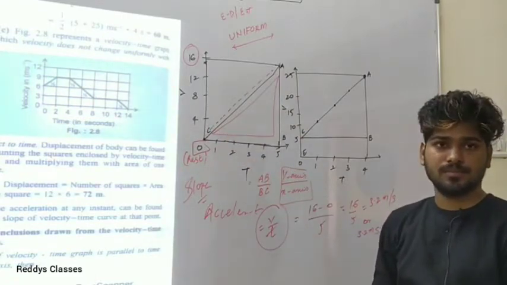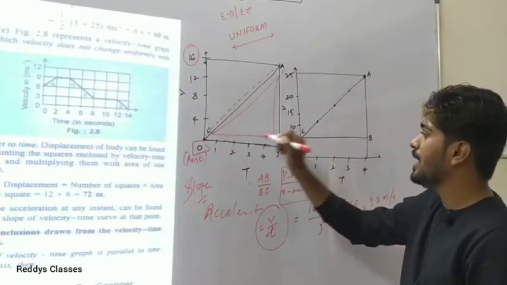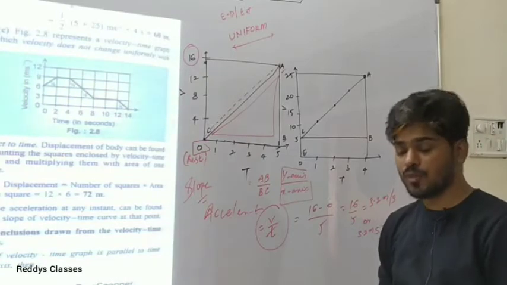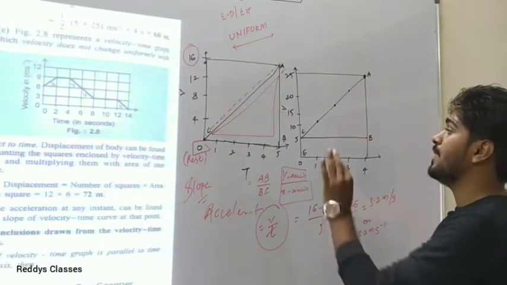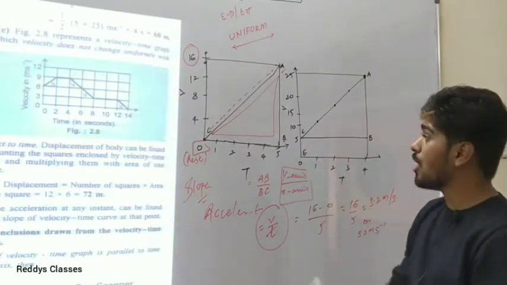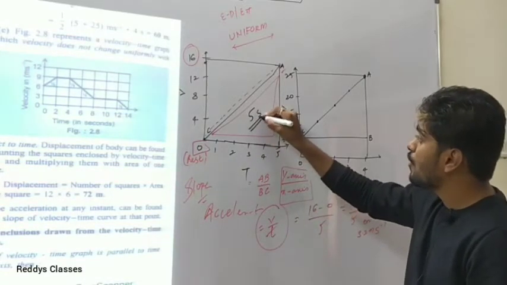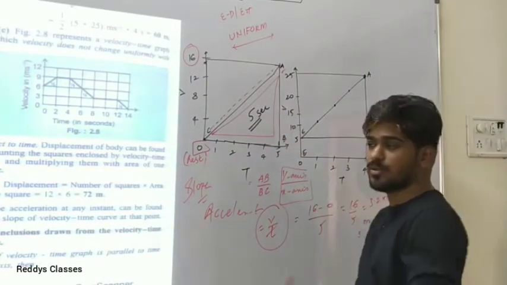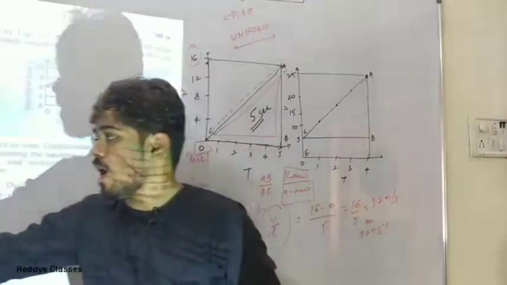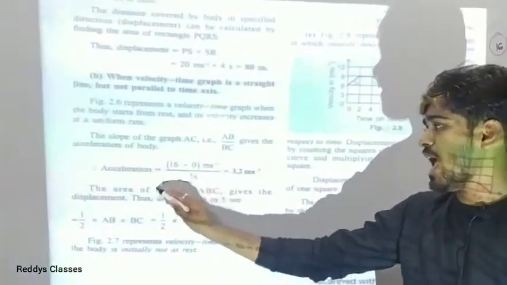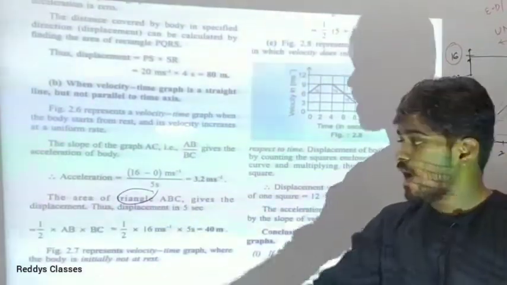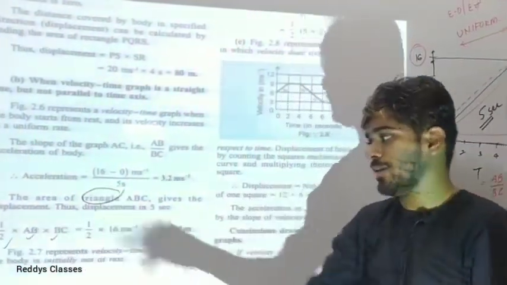If we see this graph, you can also see there is a triangle made here. The triangle ABC gives us the displacement, and the displacement occurs in how many seconds? In 5 seconds. We have a triangle, so the formula is half into base into height.